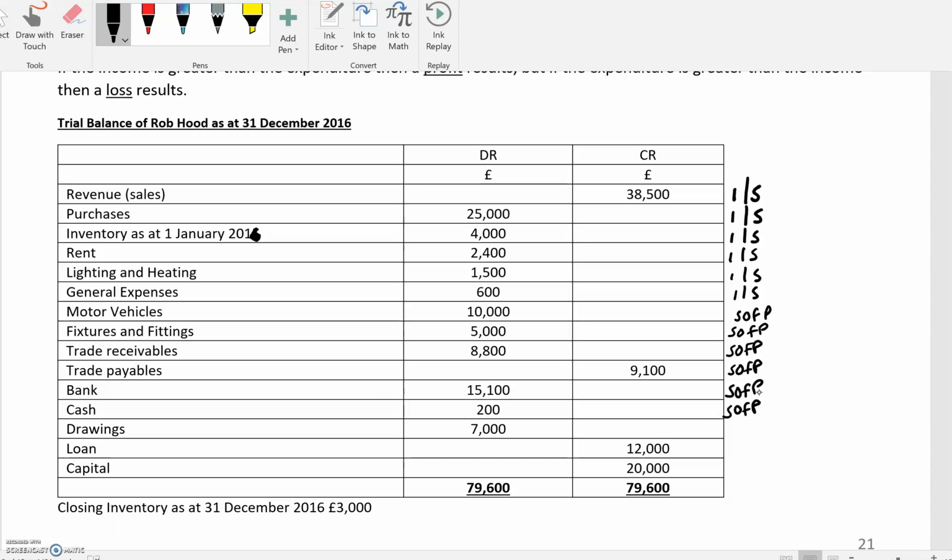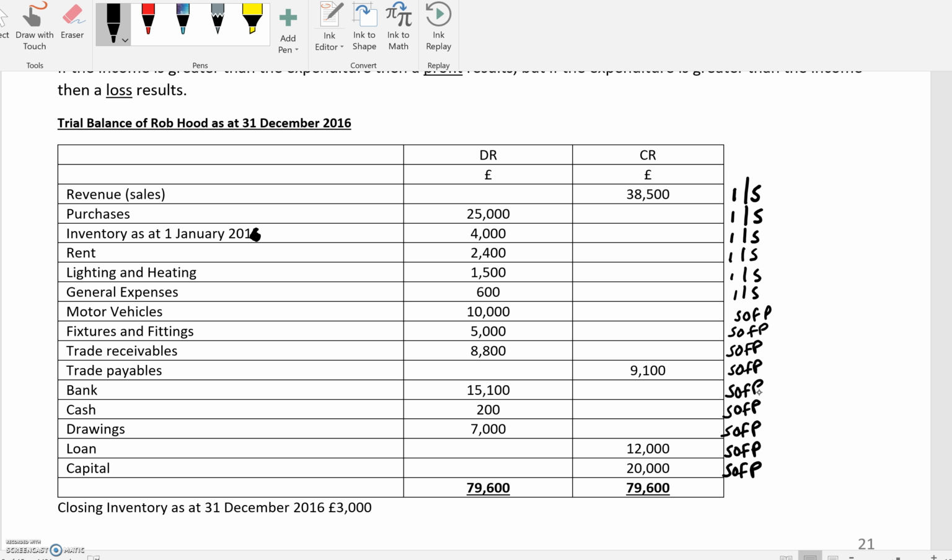Drawing is taken away from your capital, so that also goes in the statement of financial position. A loan is a long-term liability or a non-current liability, and that is part of your statement of financial position. And finally, capital also goes in the statement of financial position.